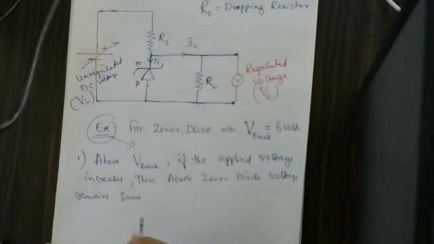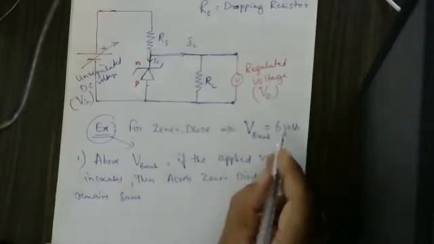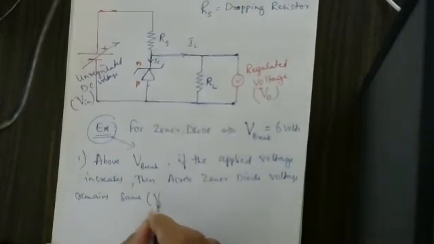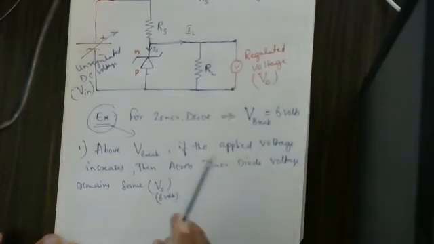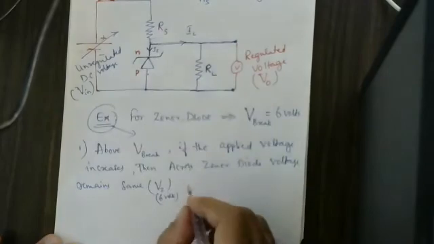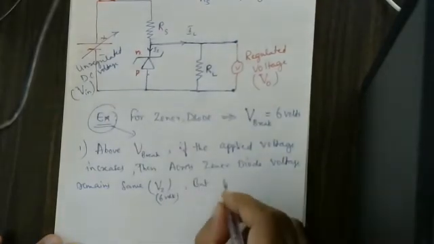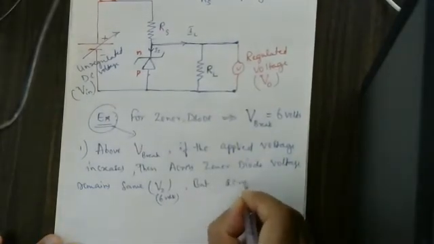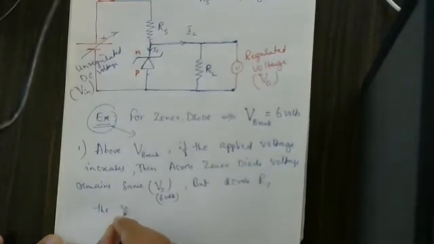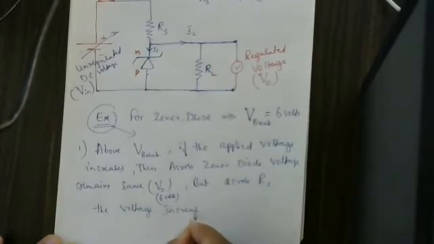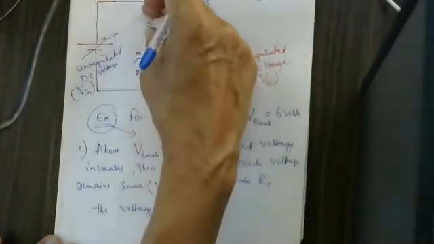Voltage remains same. How much does the voltage remain? 6 volts only. That is your VZ. For example, 6 volts. But extra voltage is taken up by the RS. Across RS, the voltage increases.